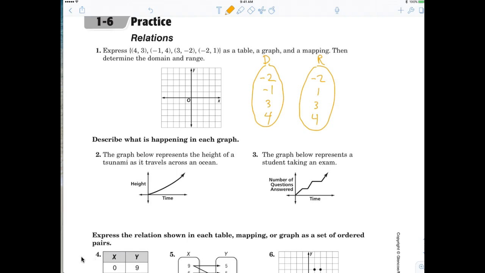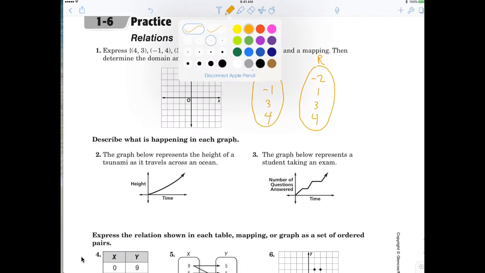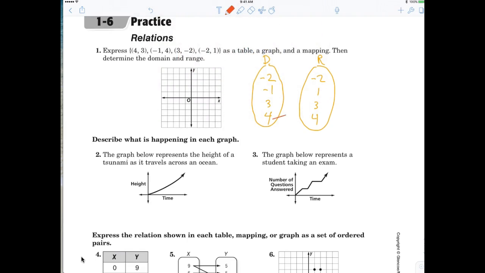All right. And then 4 maps to what? 4 maps to 3, right? So here to here, -1 maps to 4. 3 maps to -2. And -2 maps to 1.